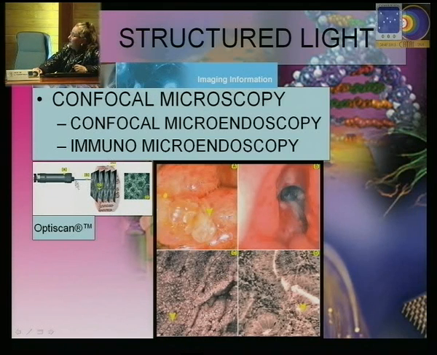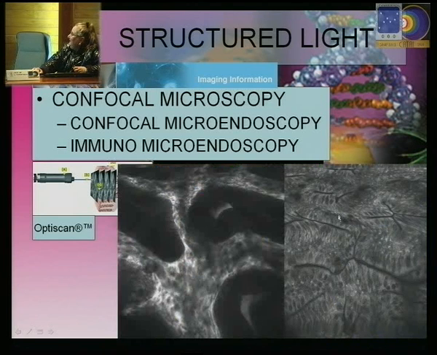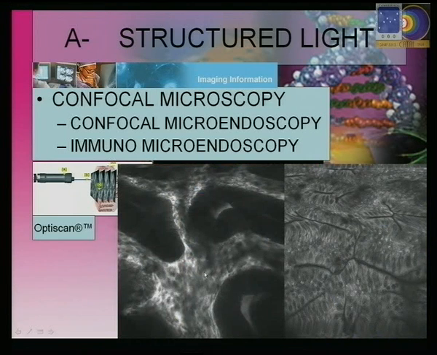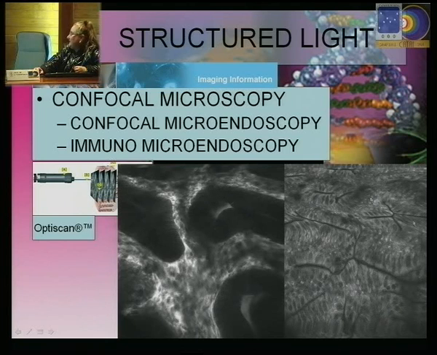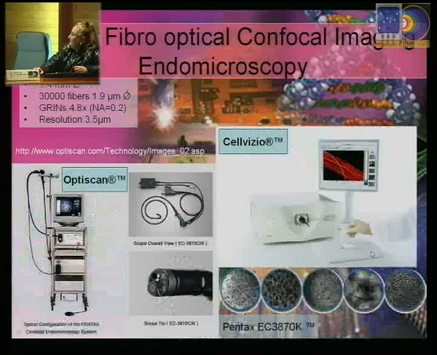Confocal microscopy has a very low penetration, therefore the ideal tissue is more or less transparent, not very thick, so you can see not only the surface but also what is underneath, as is the case of the gastrointestinal tract. Here are two images of confocal microscopy. One is malignant, the left one, and one is hyperplastic and benign, the right one.